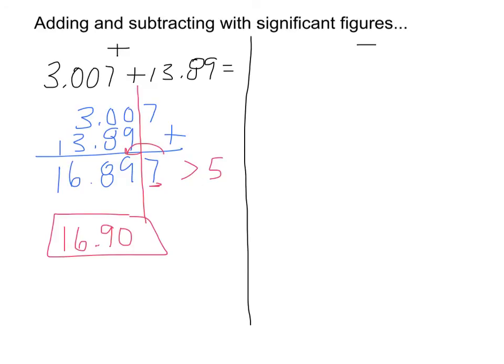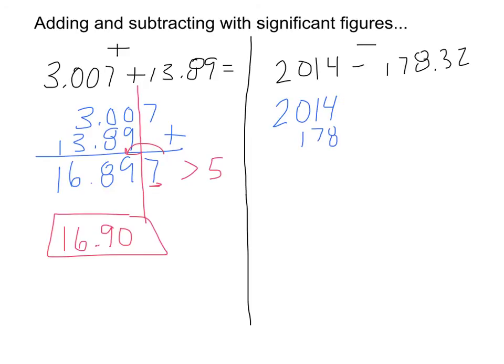You do the same thing with subtracting. Say that I had 2014 minus 178.32. Okay, so I'm going to line these up again with the decimal so that we can find out how many places we can report. We can run this through our calculators, no big deal, but we do need to know how many places we can report to.